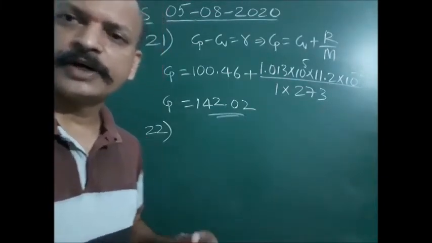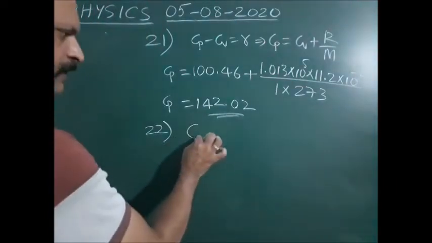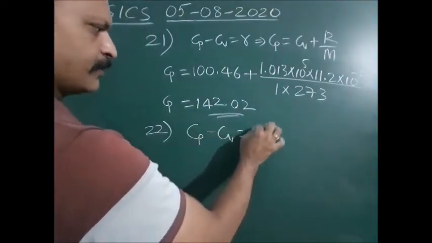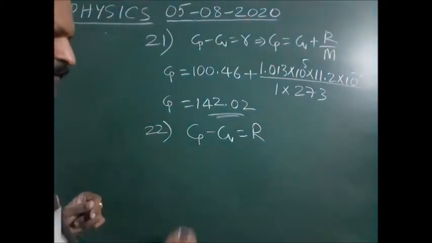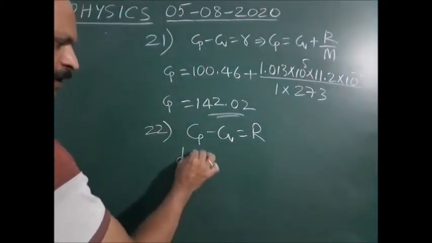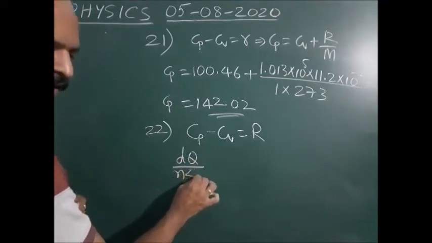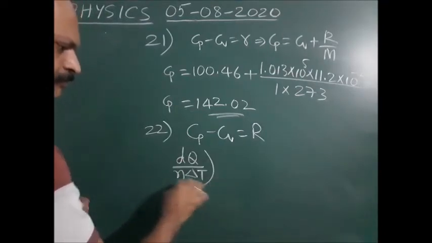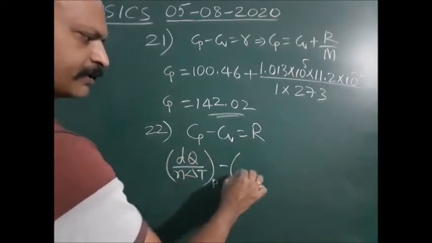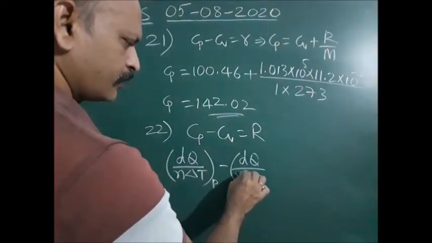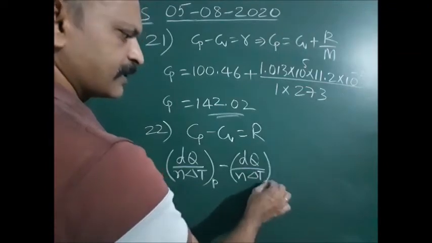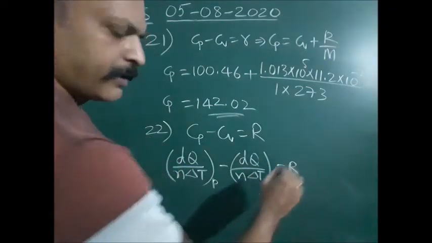So let us go for this equation, Cp minus Cv is equal to R. Here Cp is the heat required for unit mole for unit rise in temperature at constant pressure, minus Cv, the heat required for unit mole for unit change in temperature at constant volume, which should be equal to R.